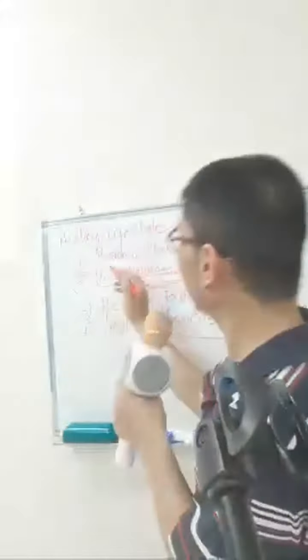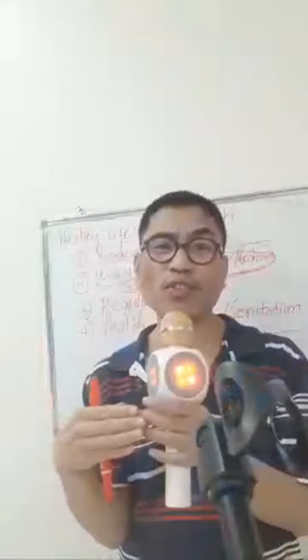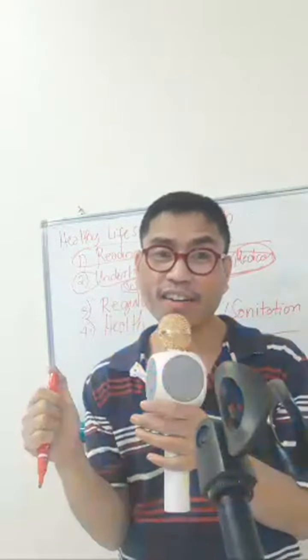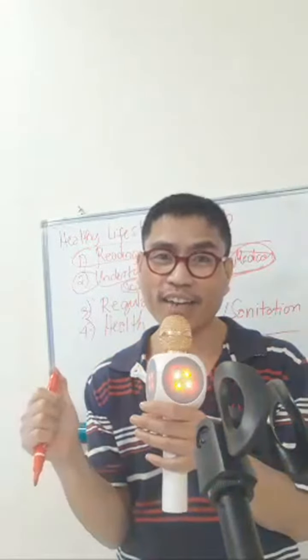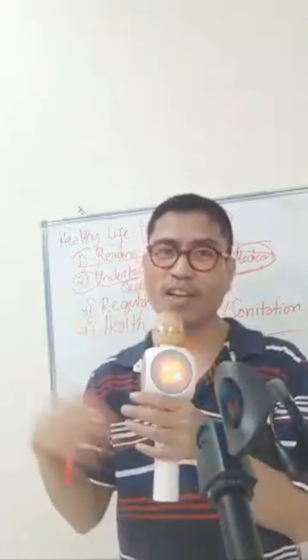And then, number one, reading and research. A little bit of research. This is going to be additional information that you don't know before, about health and lifestyle, and then you add it every day.